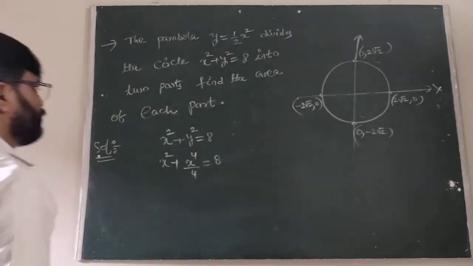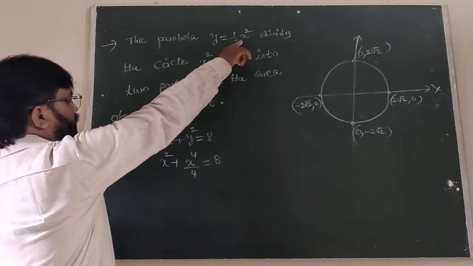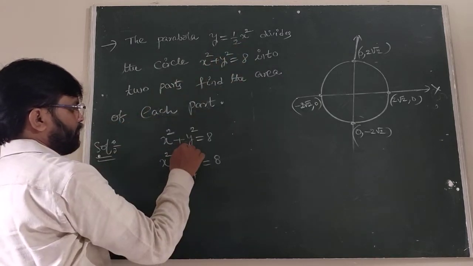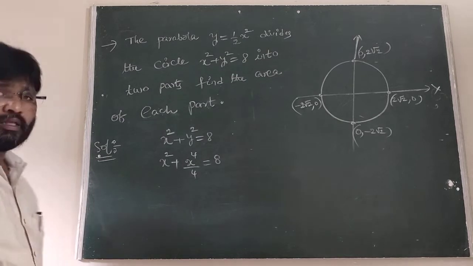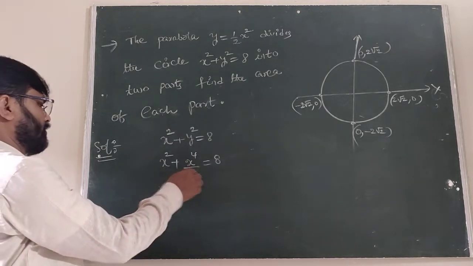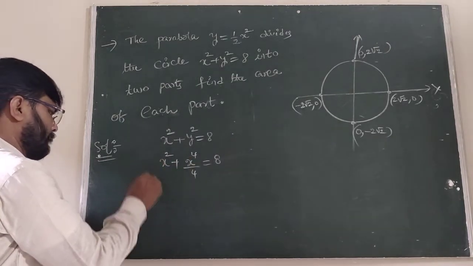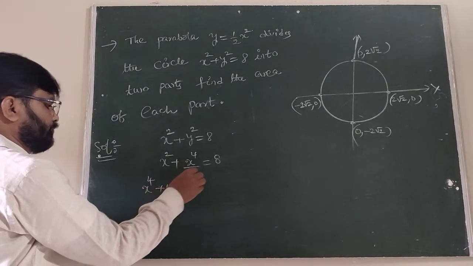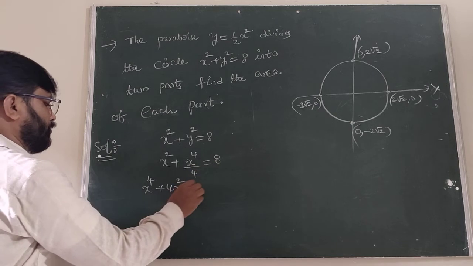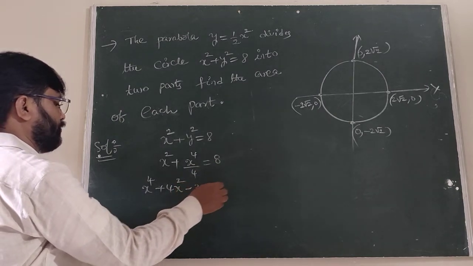Okay, students, why are we taking 1 by 2 x square? 1 by 2 x square squared is x power 4 by 4. Therefore, now we take the LCM, which is 4: x power 4, 4 into x square, 4x square, 4 8s are 32. This is minus 32 equal to 0.